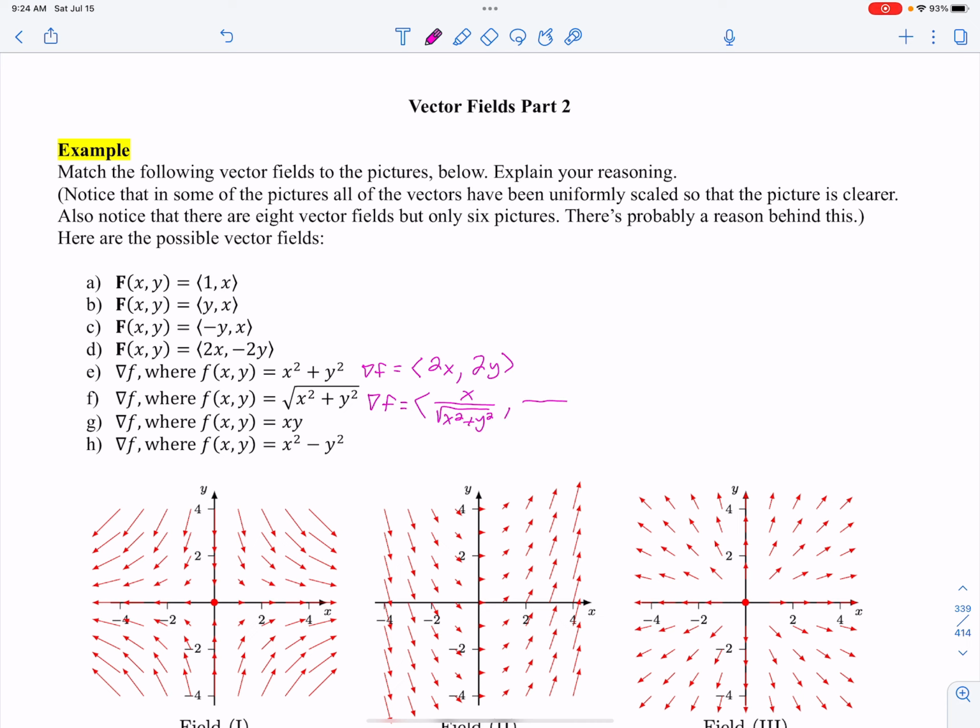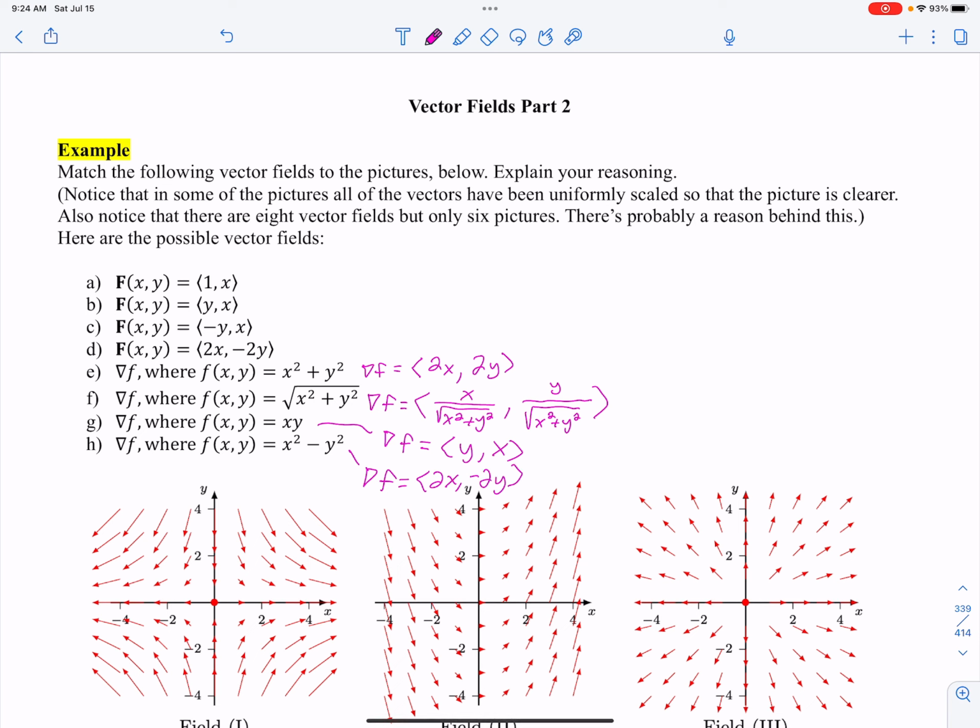And then we get the same thing but with y. Alright, this is just a unit vector. Okay, this one, I get the gradient is equal to y, x.